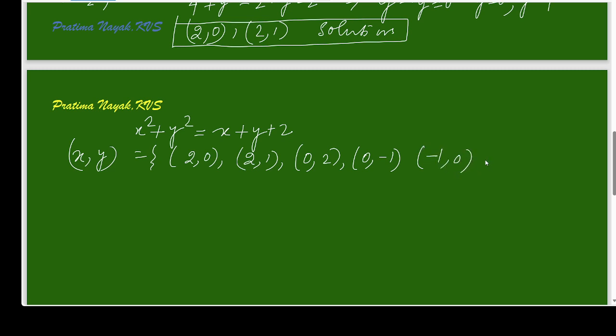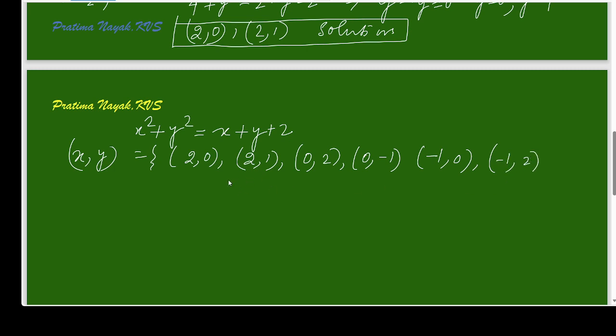So the x, y solutions are 2, 0; 2, 1; 0, 2; 0, minus 1; 1, 2; minus 1, 0; minus 1, 1.